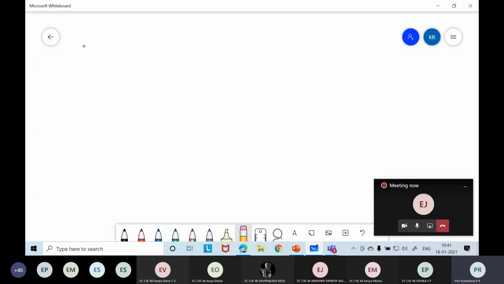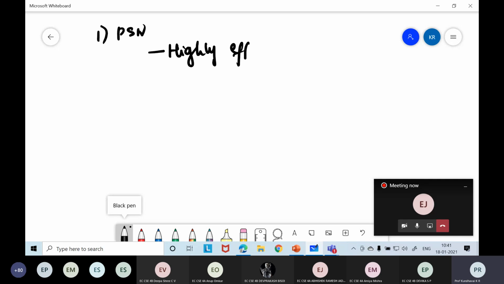So what I would say is a packet switched network is highly efficient compared to a circuit switch network, and also has a better sharing capacity.